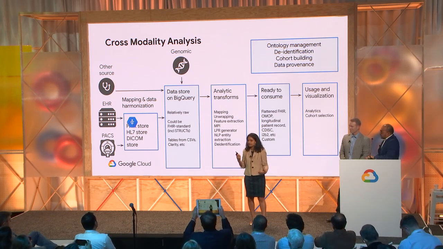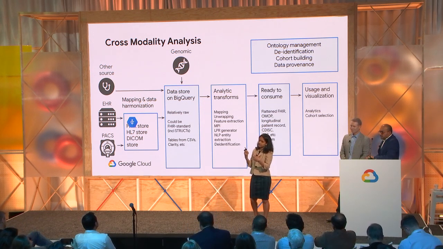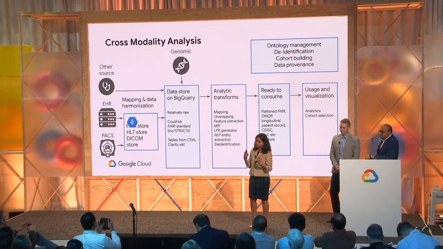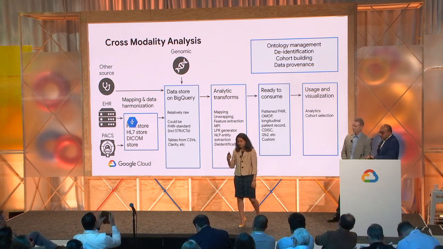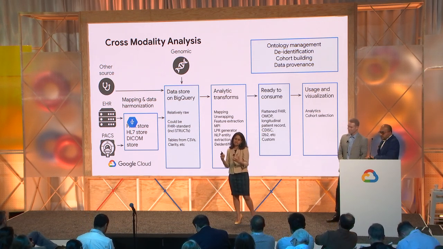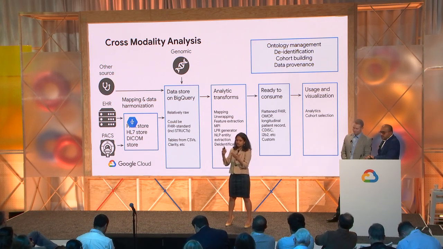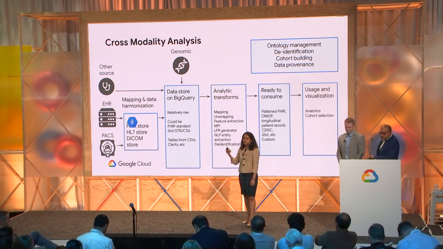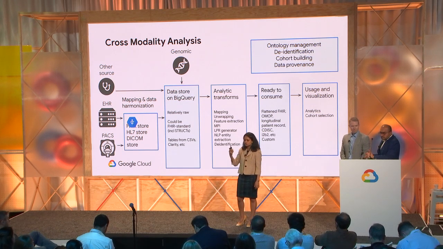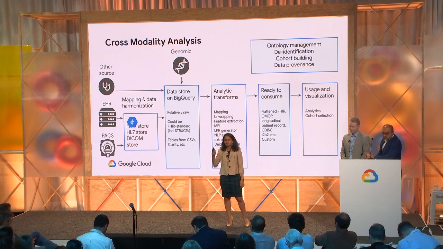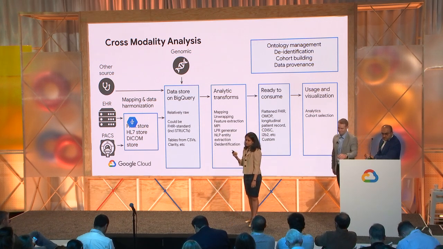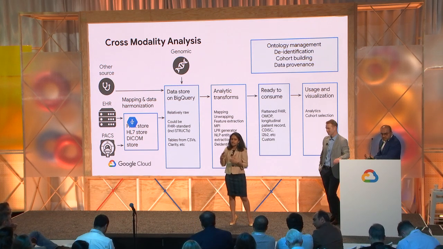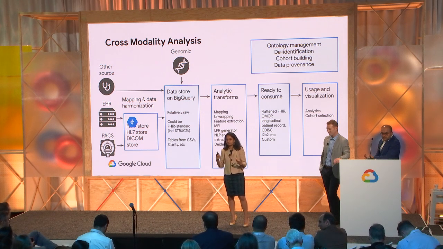Thinking about the pipeline, you ingest the data from EHR systems or your PACS systems into the healthcare-specific stores, capture that data in BigQuery, perform certain transforms and analytics on it, and create ready-to-consume schemas, which could be OMOP, custom-made schemas, FHIR schemas, and so on, and deliver it to the end user for different analytics and visualization use cases. That is our vision for this cross-modality analysis and this ability to build a clinical data warehouse in BigQuery.